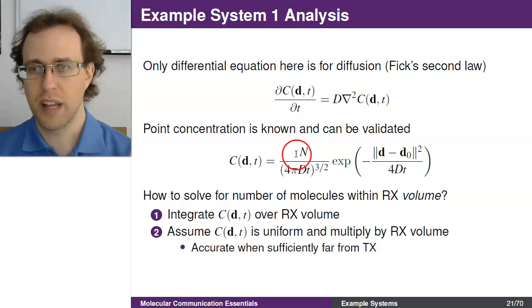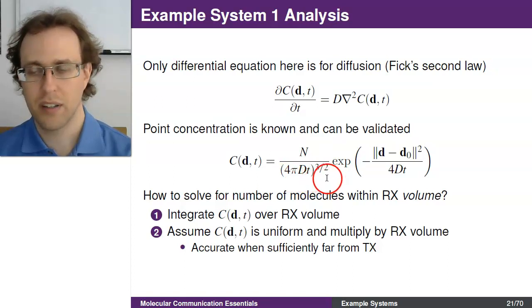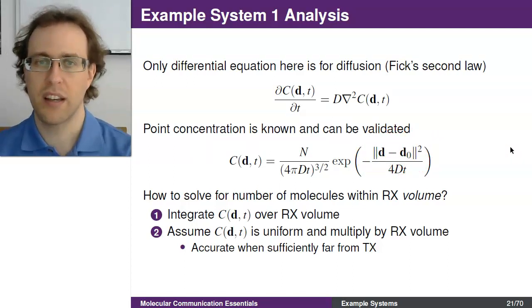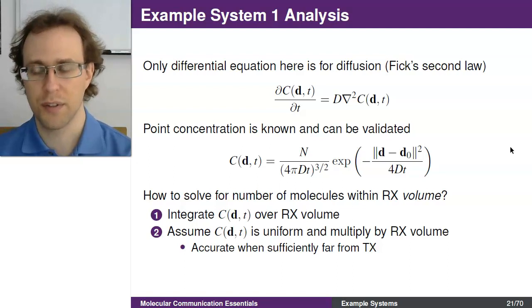We assume that the number of molecules released by the transmitter is equal to N, and so the concentration at any point is going to be equal to N divided by (4 pi D t) to the power of 3 over 2, multiplied by the exponent of negative the distance from the transmitter to the center of the receiver squared, divided by 4 D t.